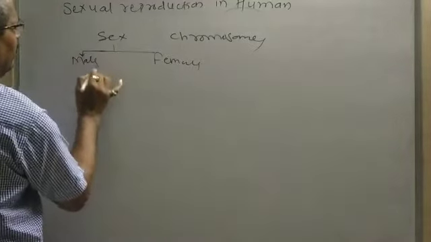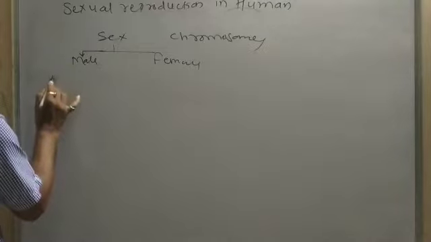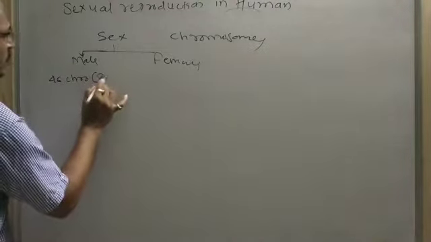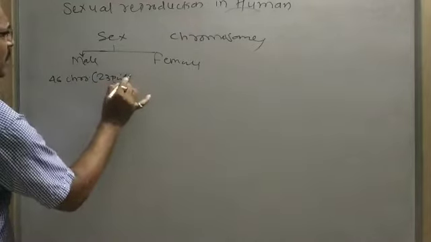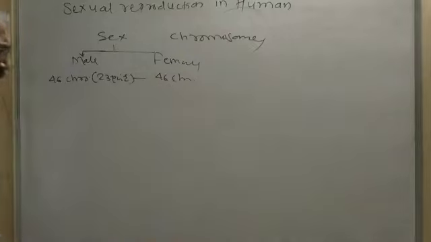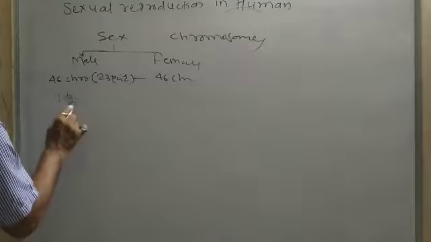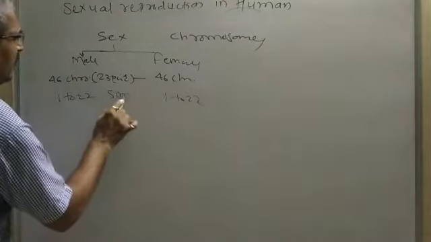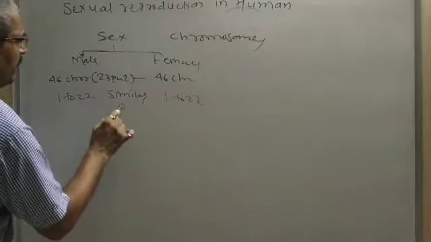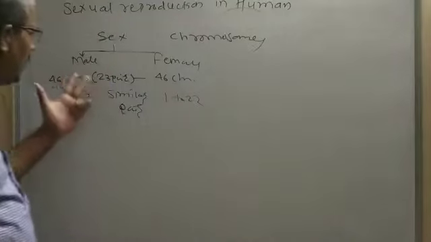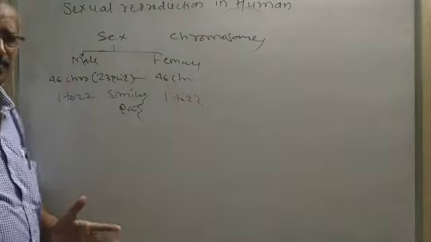In the male there are 46 chromosomes, means 23 pairs. Such 23 pairs are found in females also. Chromosomes 1 to 22 are similar in male as well as in female.